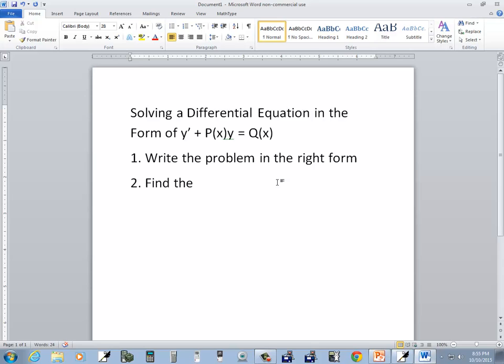Okay, step two. Find the integration factor, which I'll refer to as IF.